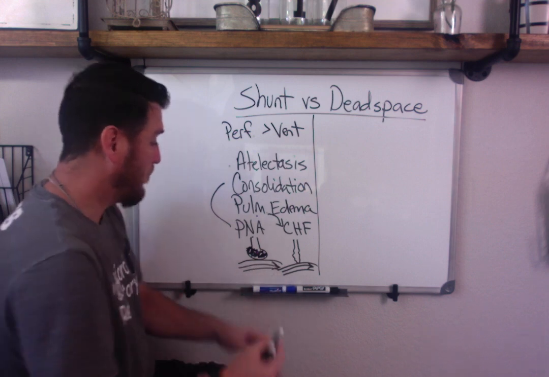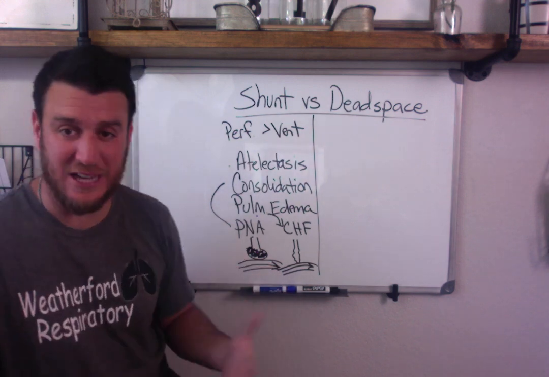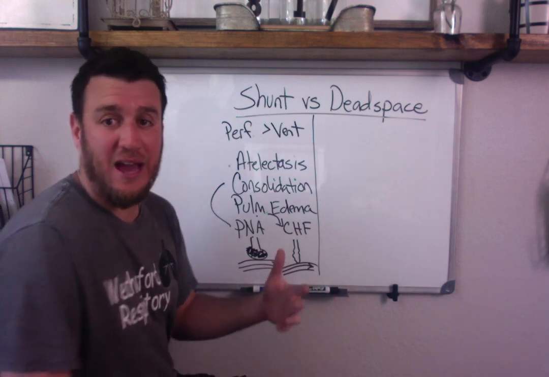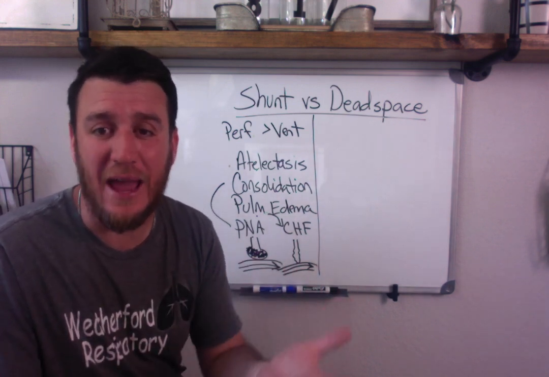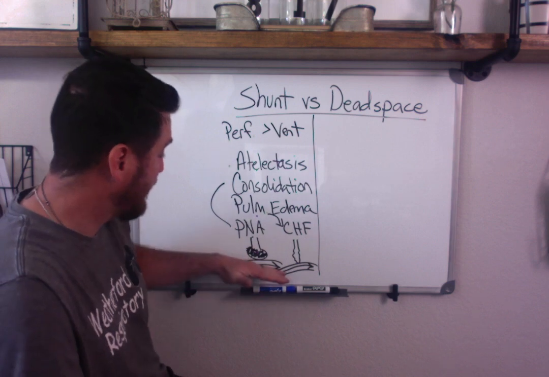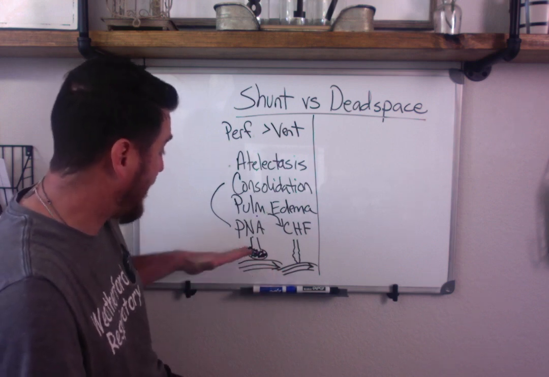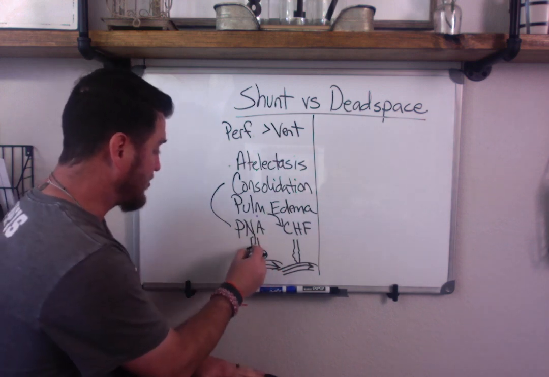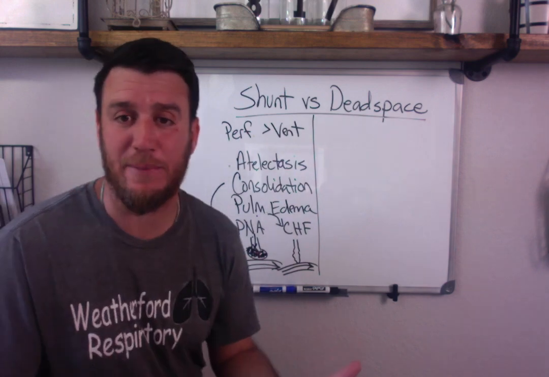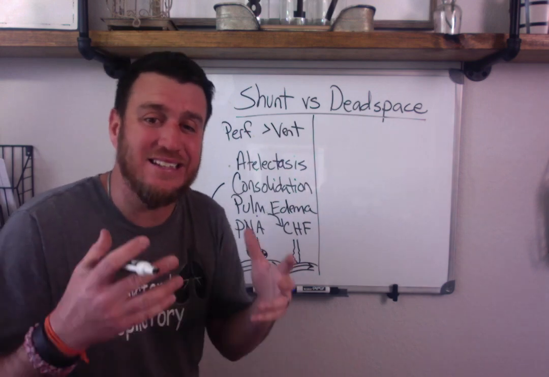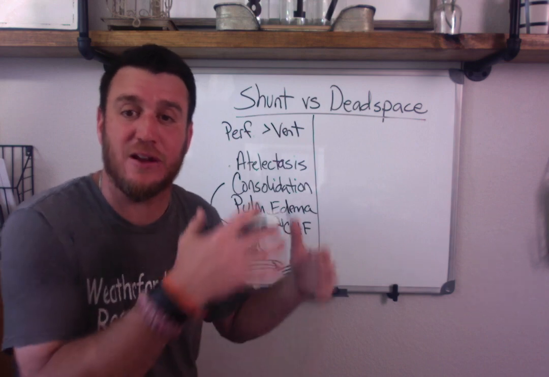And you see blood flow passing through these consolidated or fluid-filled alveoli. And there's no gas exchange happening because perfusion is happening past an alveoli where there's no ventilation happening. And so that is what you get when you're talking about a shunt.